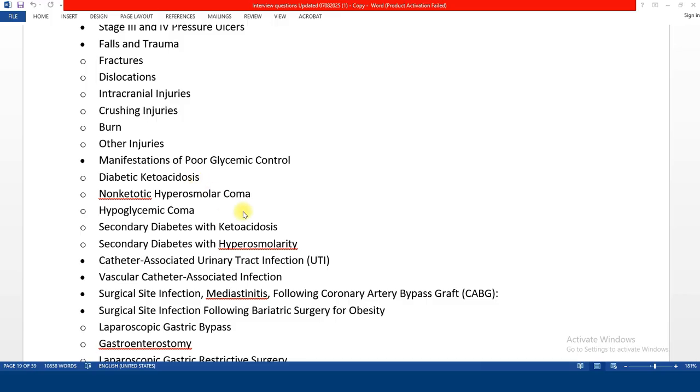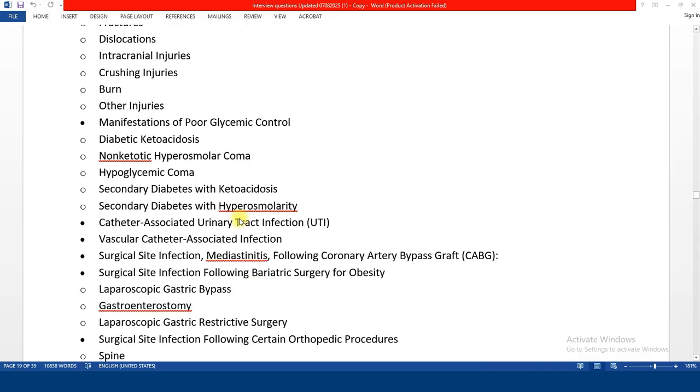Okay, so diabetic ketoacidosis, non-ketotic hyperosmolar coma, hypoglycemic coma, secondary diabetes with ketoacidosis, secondary diabetes with hyperosmolarity. So these are the common conditions we will observe for hospital acquired conditions.